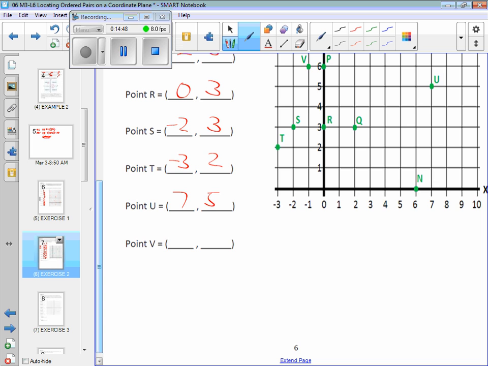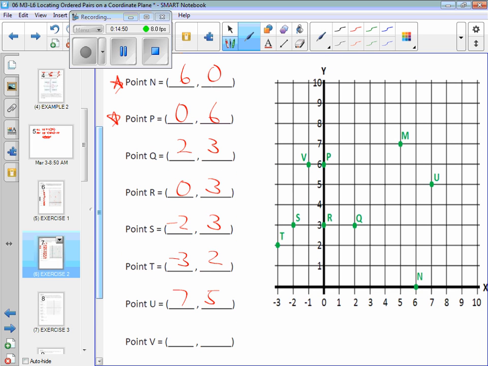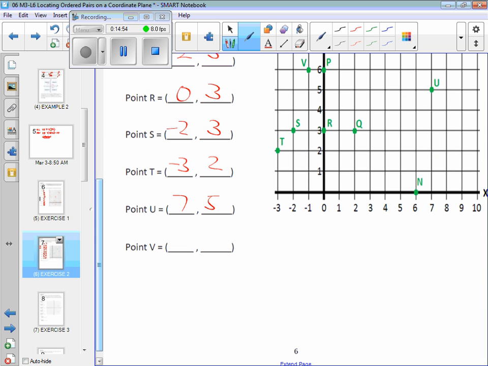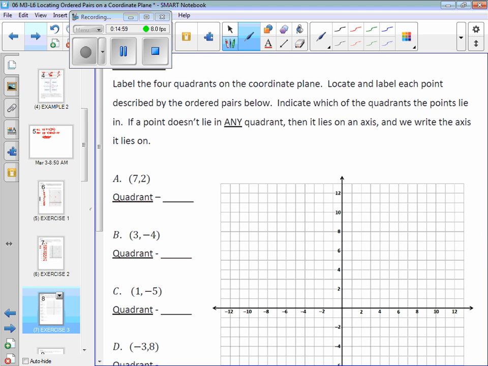Yeah, I want to see it. Where is it? Negative 1, 6. Yep, negative 1, 6. By the way, you got 100 on the quiz.